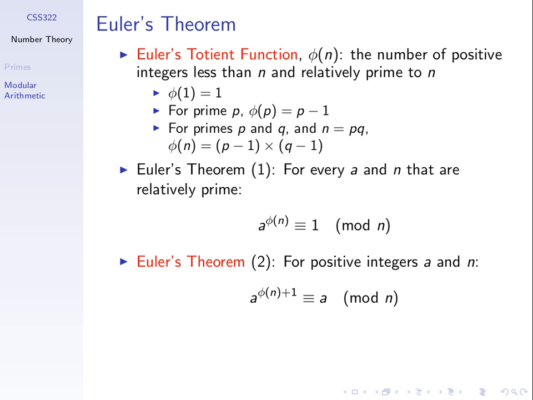If we have two prime numbers, P and Q, and multiply them together to get n, then the totient of n is P minus 1 times Q minus 1. So the totient of n, if this condition holds, that is 2 primes P and Q, n equals P times Q, then the totient of n is the totient of the 2 primes multiplied together.